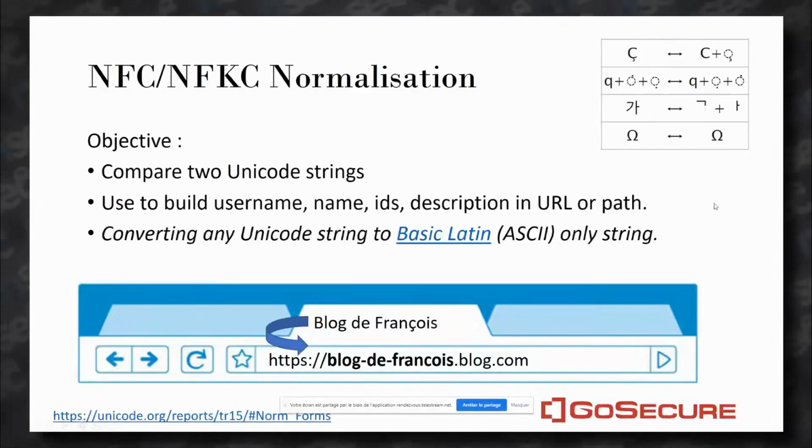It's also sometimes used to generate slugs, because NFKC normalization specifically will convert many characters to ASCII characters. So sometimes people will use it to basically transform special characters to an ASCII-only string. In practice, this is not intended for this. Unicode doesn't clearly document in which use cases it's safe to use normalization, but basically it's used in multiple cases to compare strings or simplify the string to a comparable format.